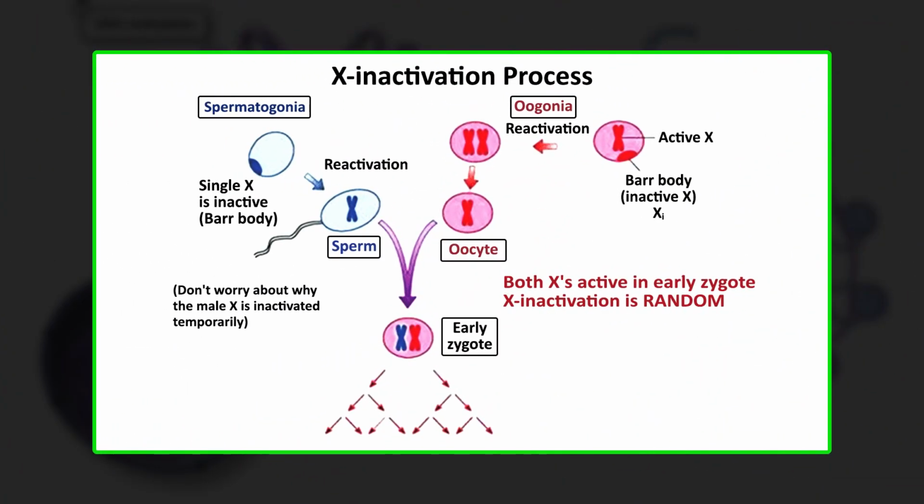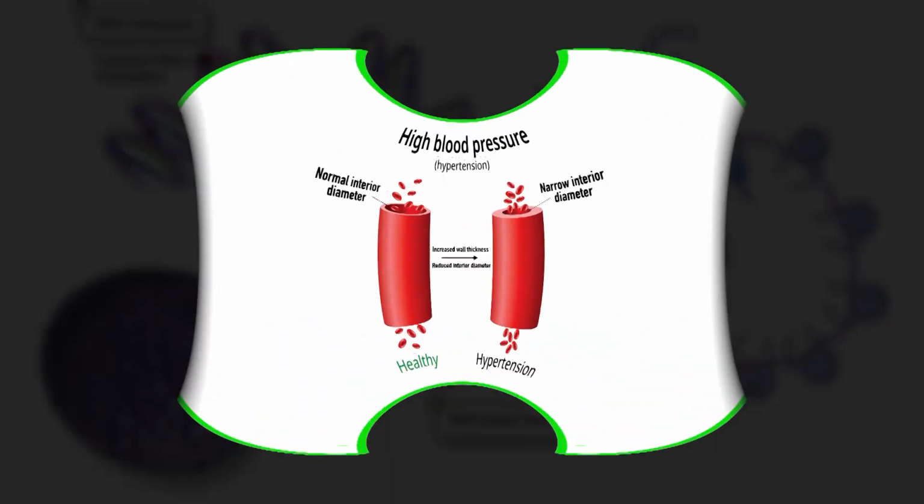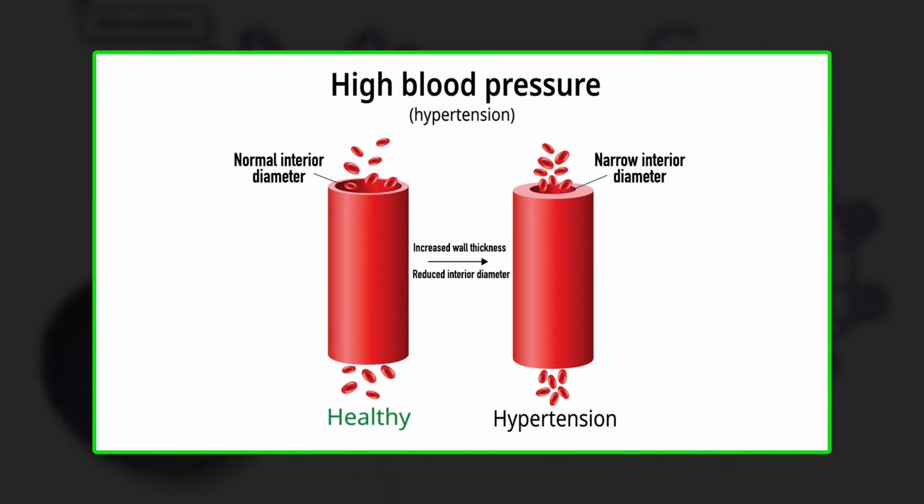Another striking illustration of epigenetic mechanisms' biological importance is the inactivation of one of the X chromosomes in female cells. Increasingly strong evidence supports epigenetic mechanisms' significant role in the development of hypertension. Nevertheless, many fundamental questions remain to be addressed.